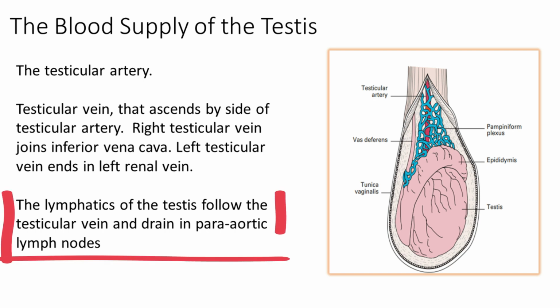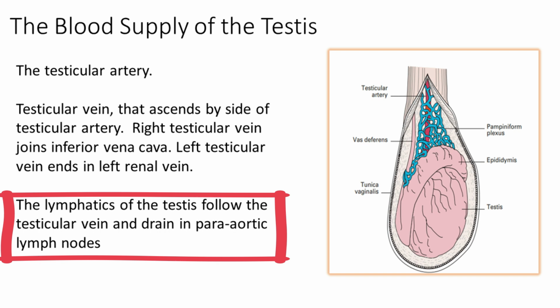The lymphatic supply of the testes involves multiple lymph nodes and vessels. The lymphatic drainage of the testes primarily occurs through two pathways, the superficial lymphatic vessels and the deep lymphatic vessels.